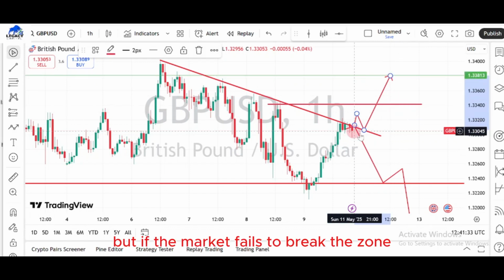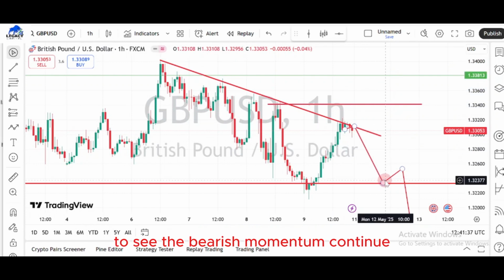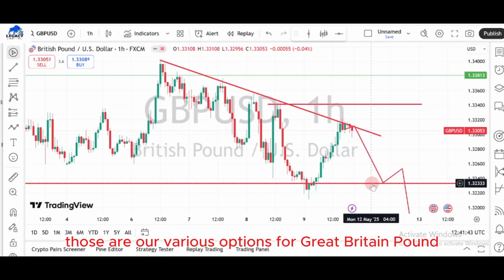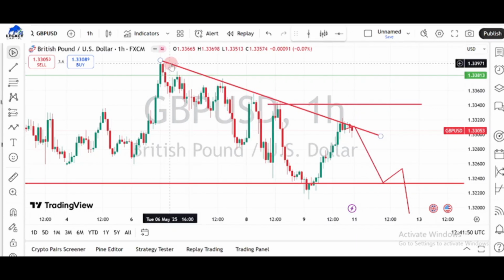But if the market fails to break the zone, then we should expect to see the bearish momentum continue. Those are our various options for Great Britain pound United States dollar for this week.